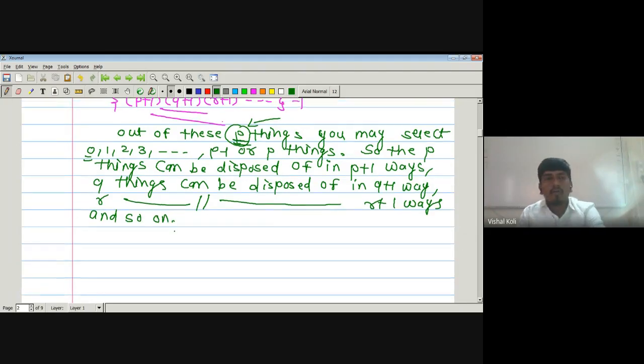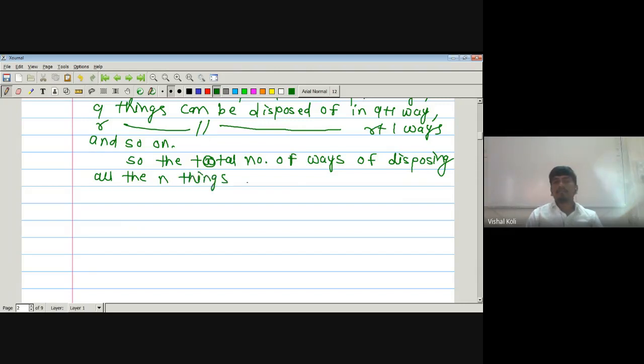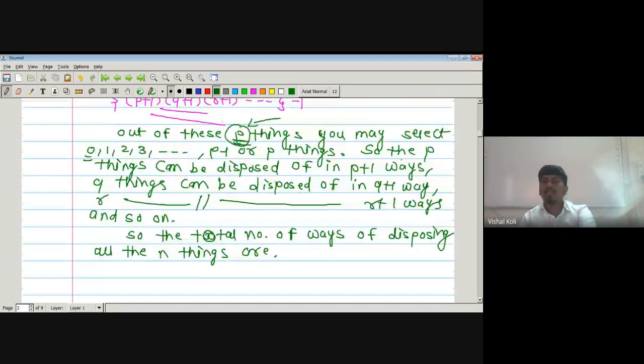Now the total number of ways of disposing all the n things are: first p things can be disposed of in p plus 1 ways, second q things can be disposed of in q plus 1 ways, r things can be disposed of in r plus 1 ways.